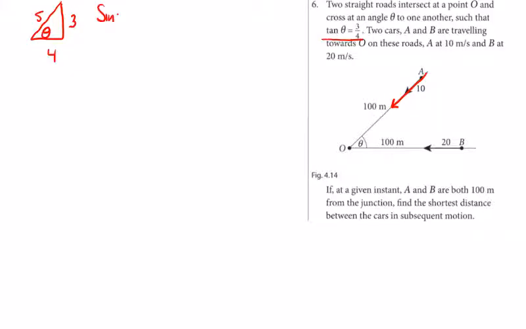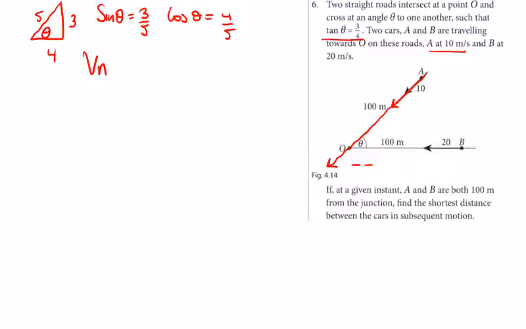So sine theta is equal to 3 over 5. Cos theta is equal to 4 over 5. A again, it's traveling down this way in a negative direction. So we're looking at negative. It's going at 10 meters a second.